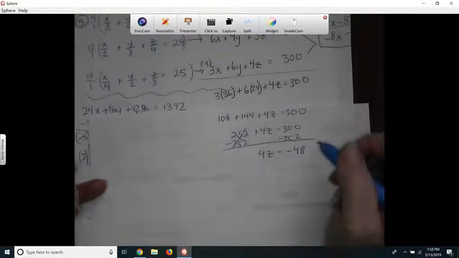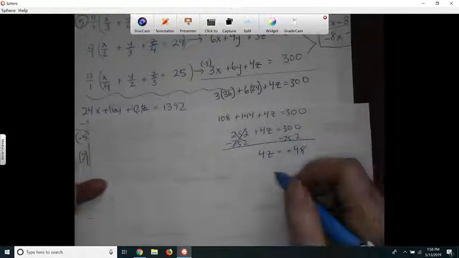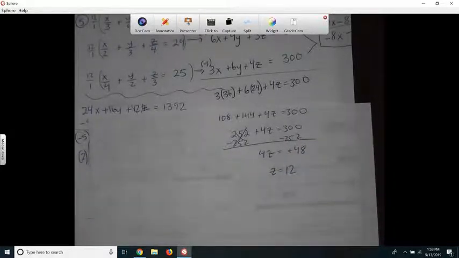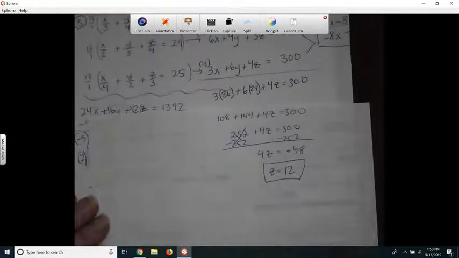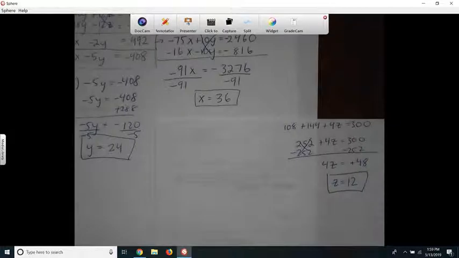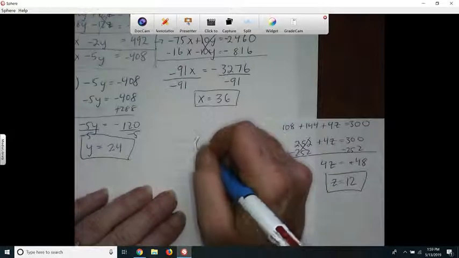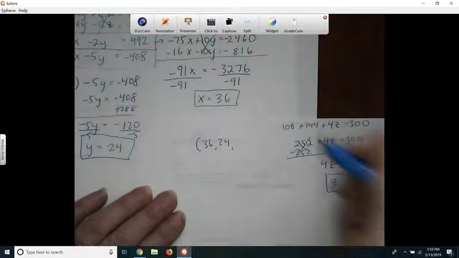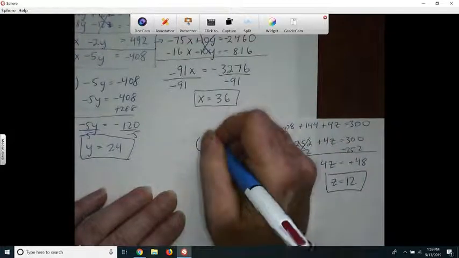No, positive 48. So I think z looks like it's going to be 12. So let's check that one. Yeah, z is 12. So we found x, we found y, we found z. We can write it as 36, comma, 24, comma, 12. That's x, y, and z.